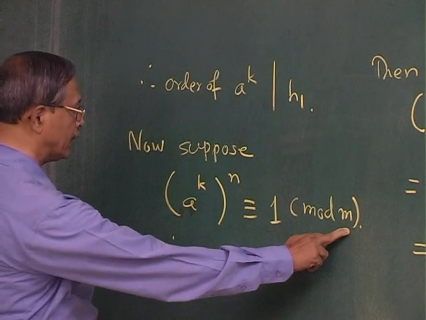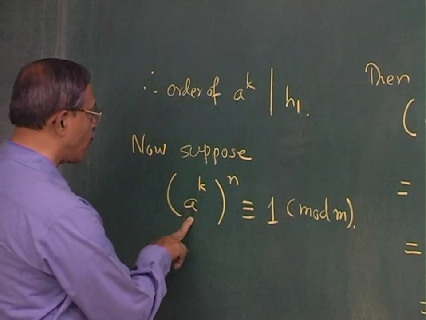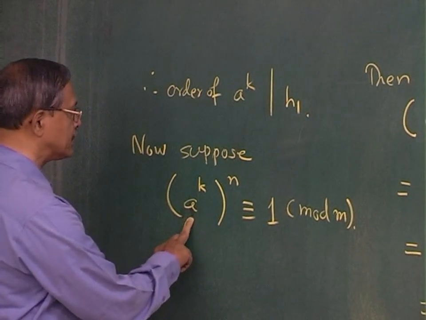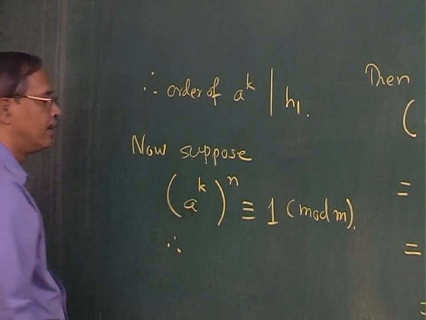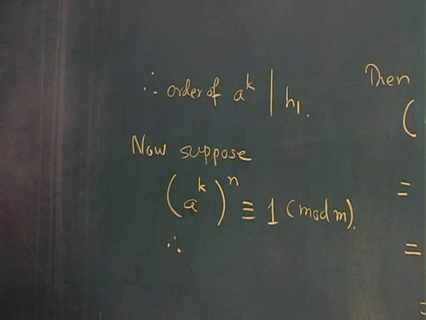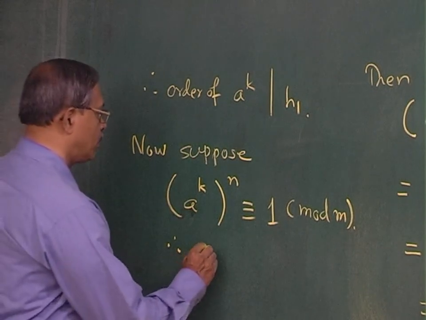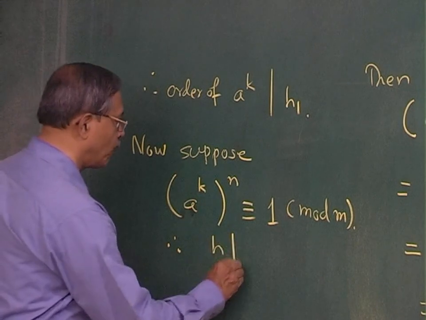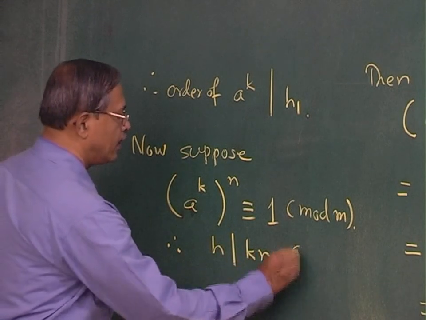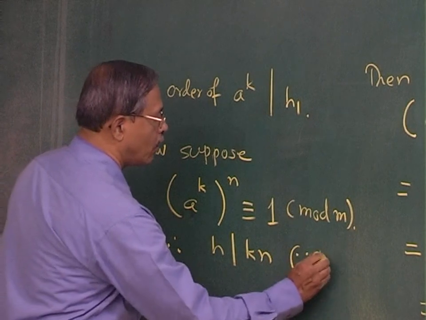That's what we get. And what is the order of a? The order of a is h. That h has to divide k times n because h is the order. Therefore h divides kn.